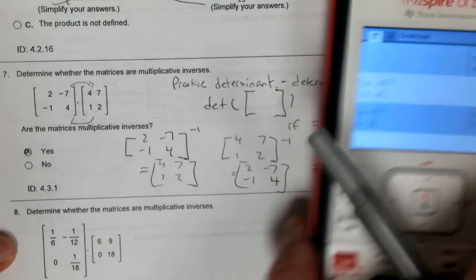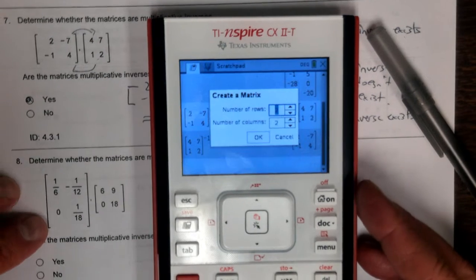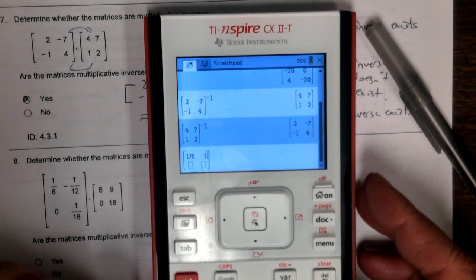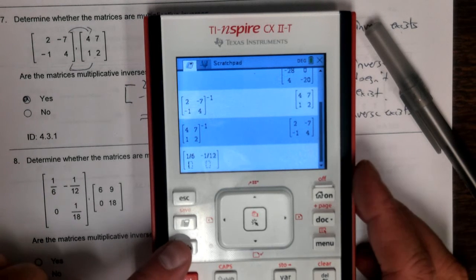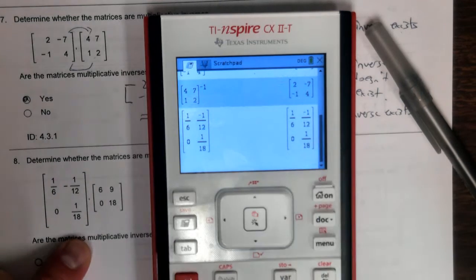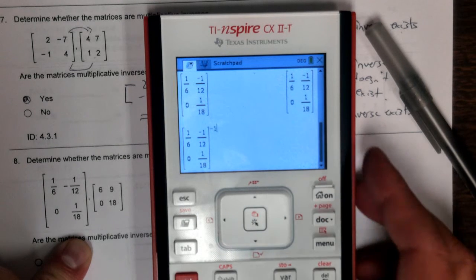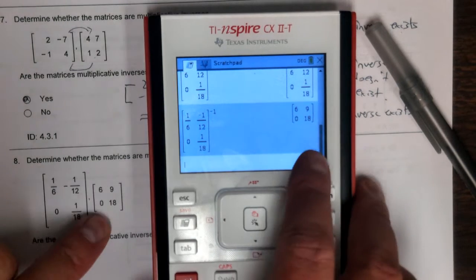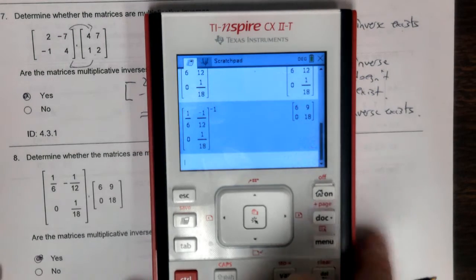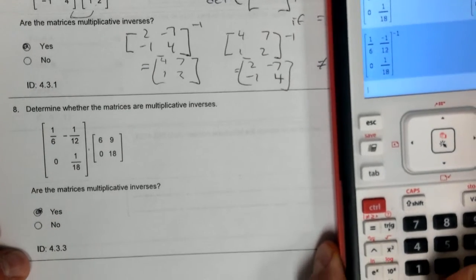Now on this one, let's just see. Menu 7, 1, 1, 1/6, -1/12, 0, 1/18. Okay, so do that up arrow -1, and then I get 6, 9, 0, 18. And so that also worked. Okay, so I'm actually just going to change this a little bit to make it easy.